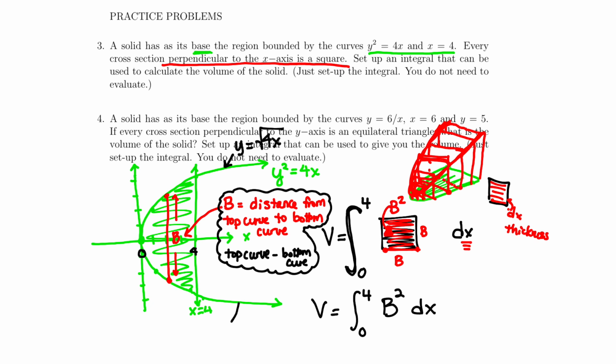And what's my bottom curve? Y equals negative square root of 4x. Can we simplify that down a little bit? 2 root x, right? Square root of 4, square root of x, 2 root x. Negative 2 root x. So that tells me, again, I'm going real slow here just for this first example so we get our whole process down.